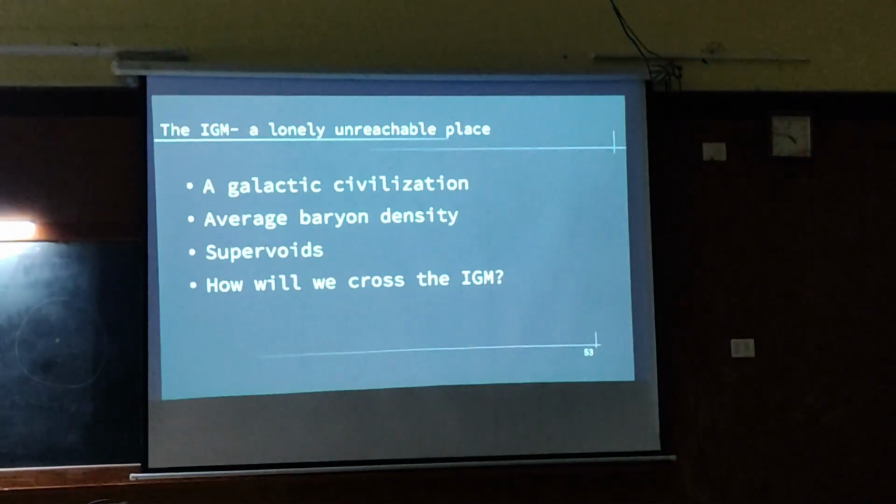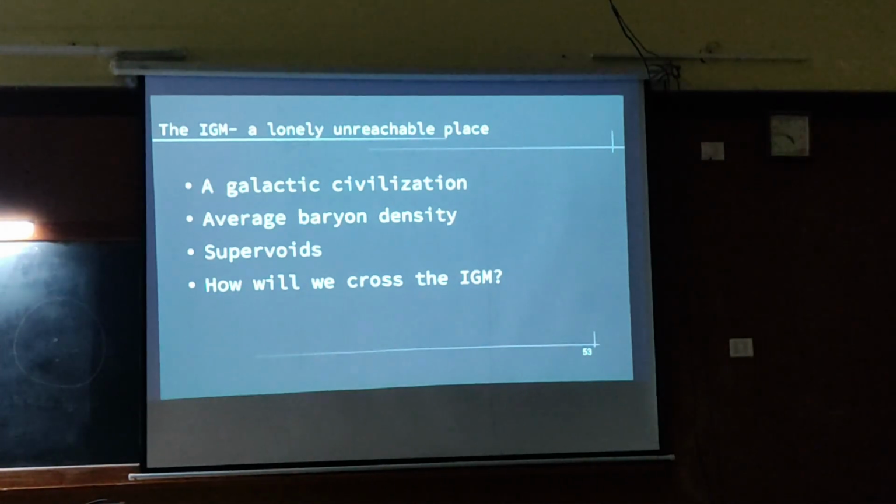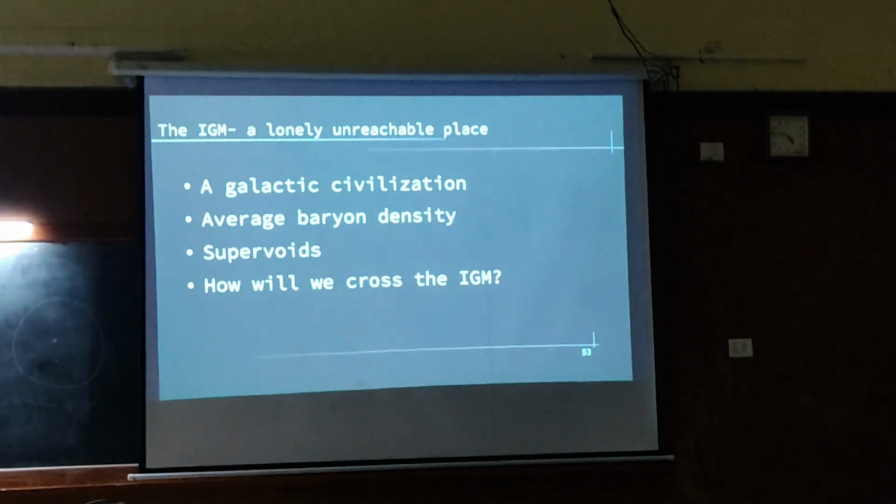We have the time scales, so we can have something like a galactic civilization with species spread around stars. But once we have reached the edge of the Milky Way, remember that image of the local group? You saw the distance scales.